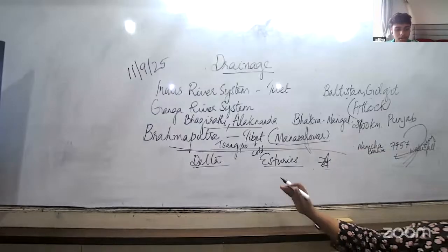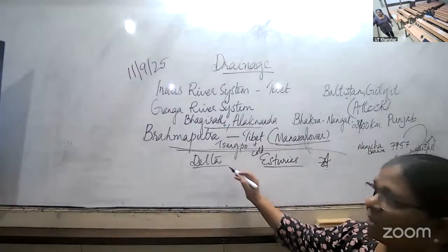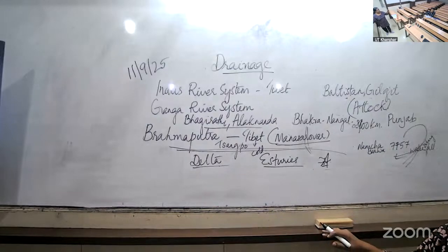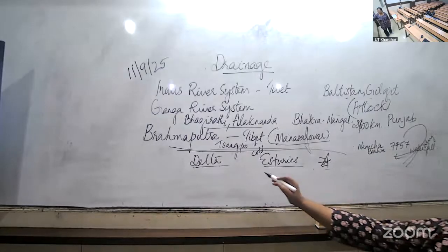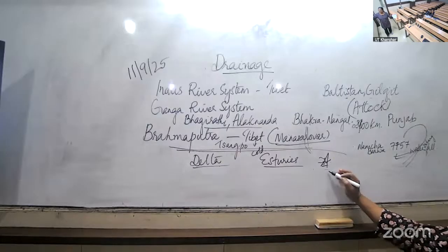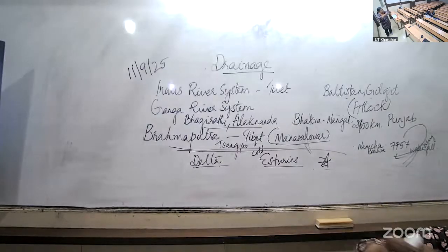Now let us see delta. Delta is a triangular shaped landmass formed by the deposition of silt and sand. So this one is resembling the Egyptian, that mathematical delta term is there. That way that delta is resembled.